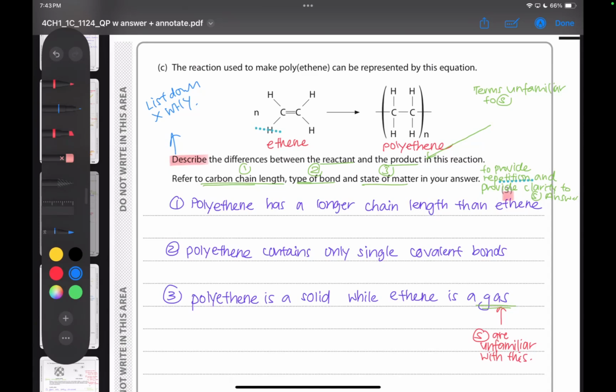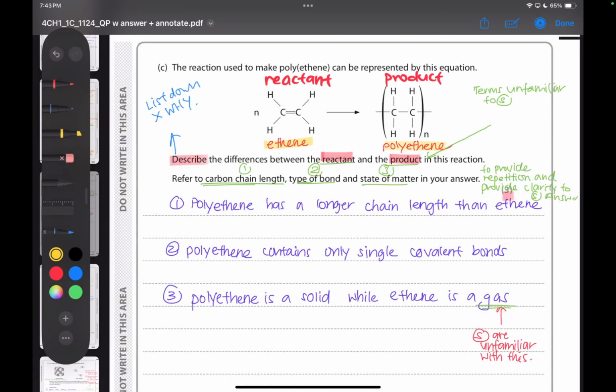So what do they want you to talk about? They want you to talk about the difference between the reactant and the product. Now, at this point, are you able to identify which one is the reactant? It is before the arrow, and the product is after the arrow. So in this case, the reactant is our ethene, and the product is our polyethylene, the plastic.